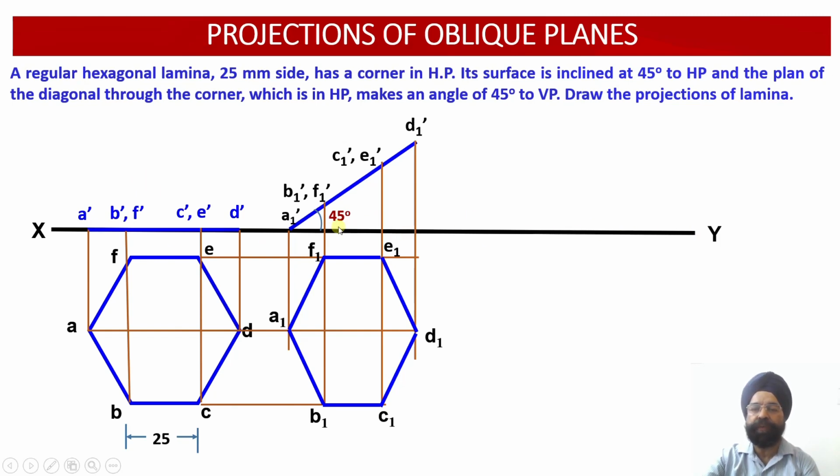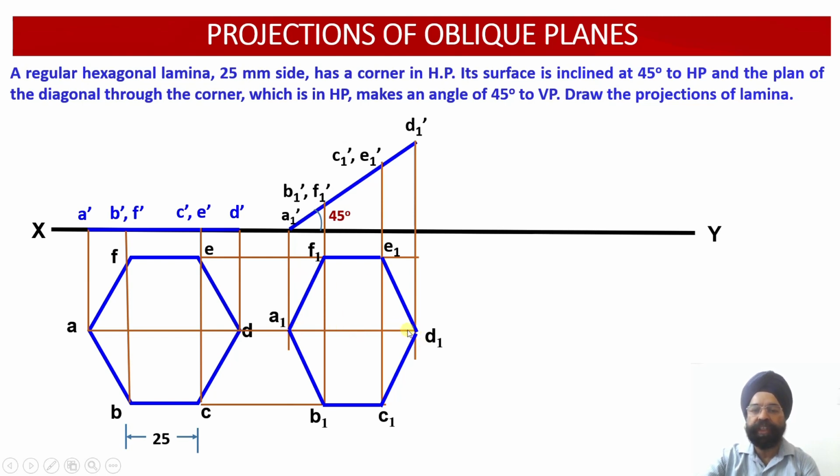Since none of the edges were parallel to the horizontal plane, and all the edges are inclined to it at an angle of 45, we have observed reduction in all the 6 edges of the hexagonal lamina. So this has been foreshortened from all these edges.